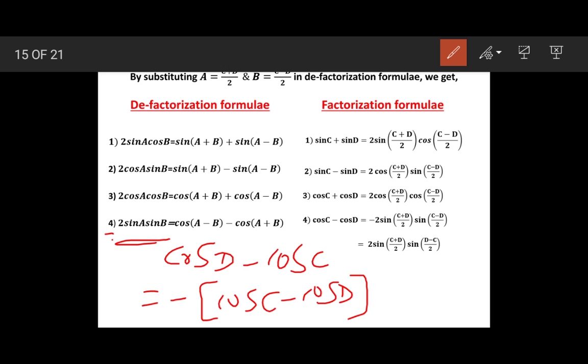Okay. So the factorization formula is cos C minus cos D, that is equal to minus 2 sin (C plus D) upon 2 into sin (C minus D) upon 2. I am not taking the minus sign here, I am taking this minus sign with this term. So by multiplying the minus, this will be 2 sin (C plus D) as it is into sin (D minus C) upon 2.